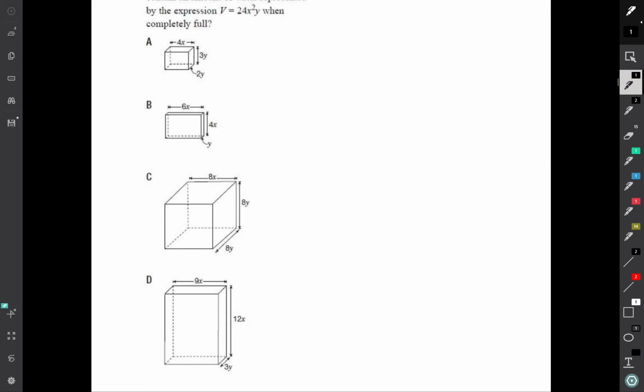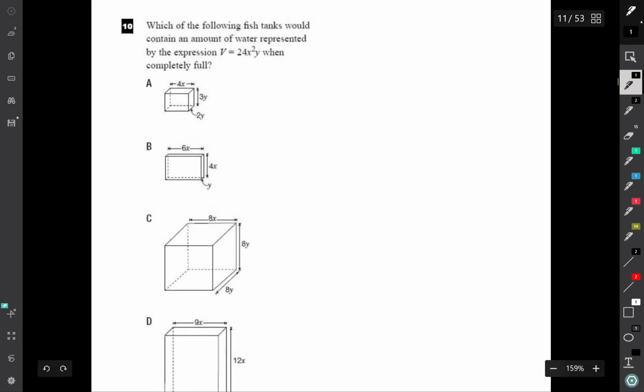So we go to our formula sheet and we recall that the volume of a rectangular prism is equal to the length times the width times the height. Okay, so let's do that for each of these fish tanks.